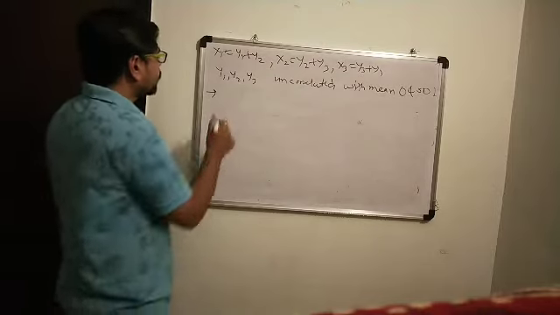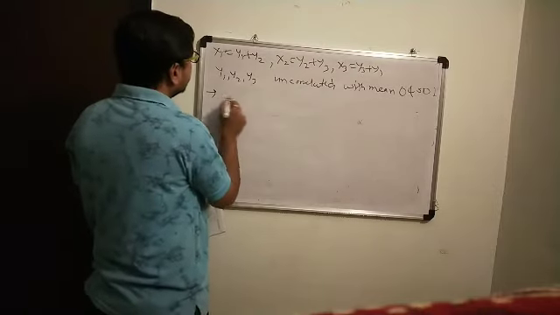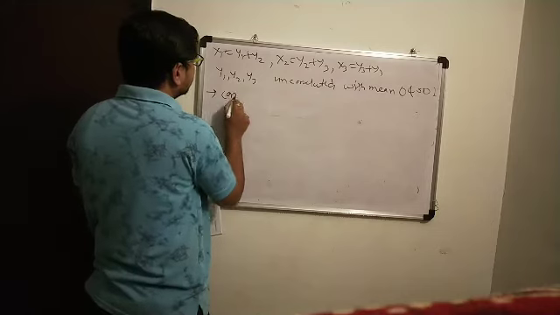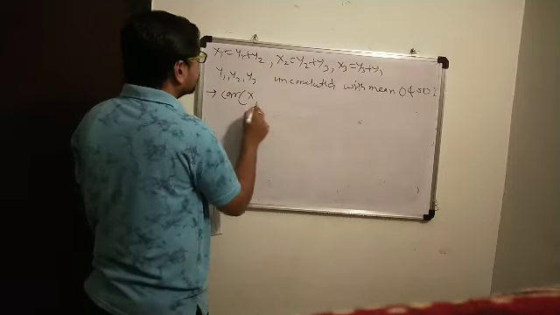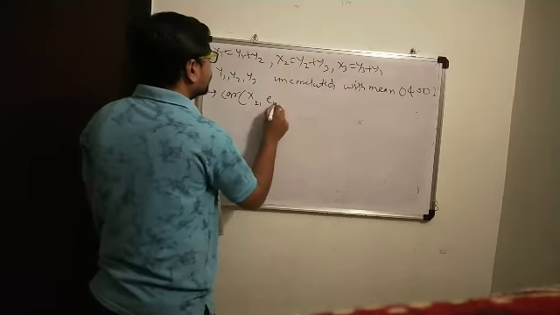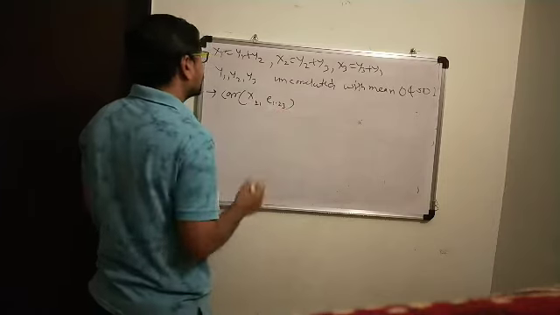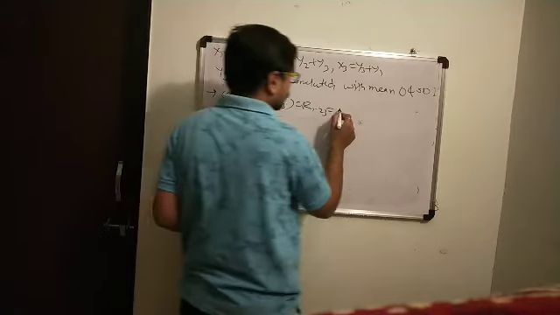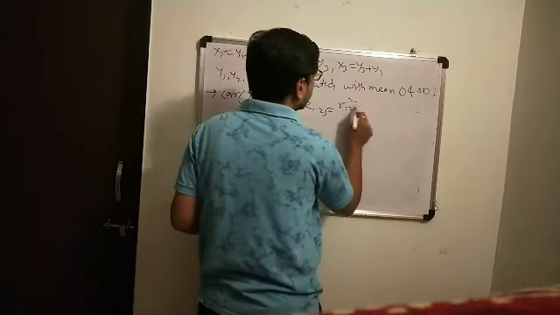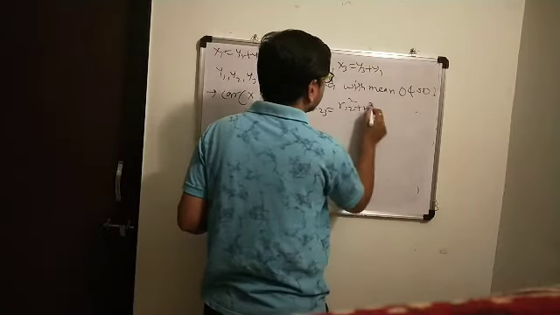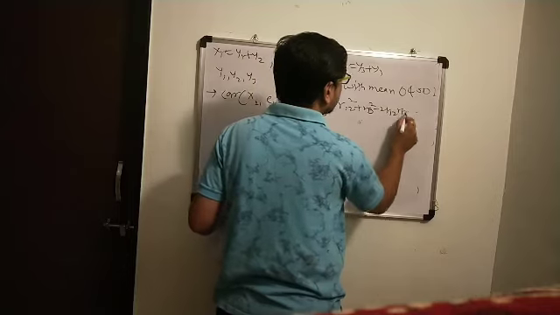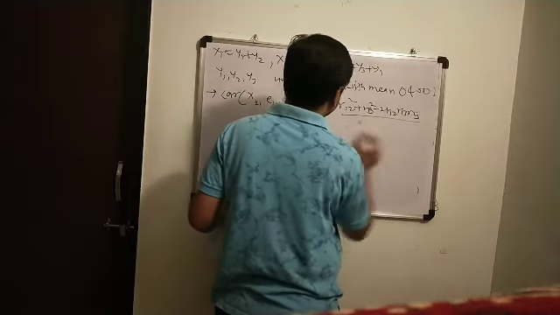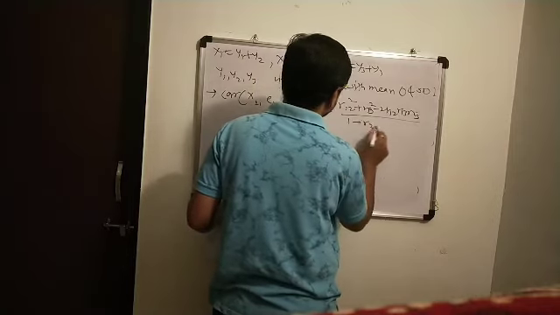So to find the multiple correlation coefficient between x1 and x2, x3, that is R1.23, the formula is R1.23 equal to the square root of R12 square plus R13 square minus 2 times R12, R13, R23 divided by 1 minus R23 square.